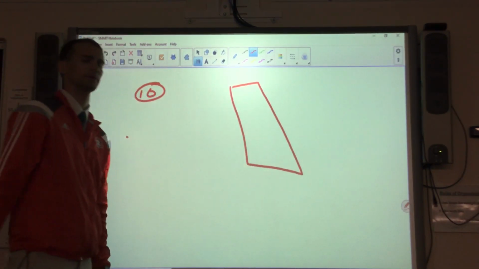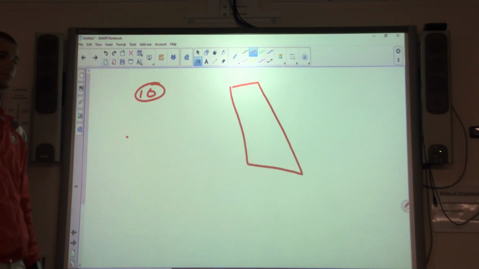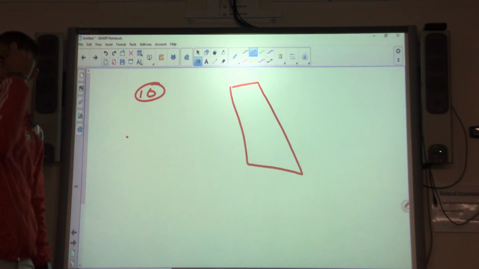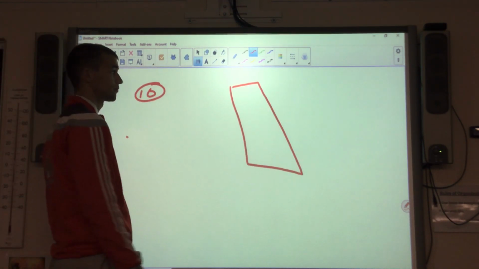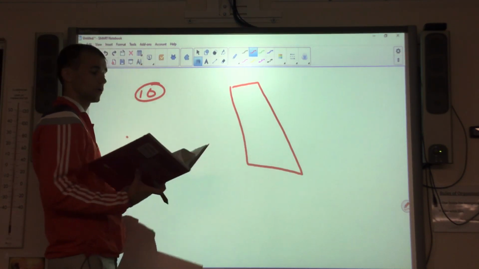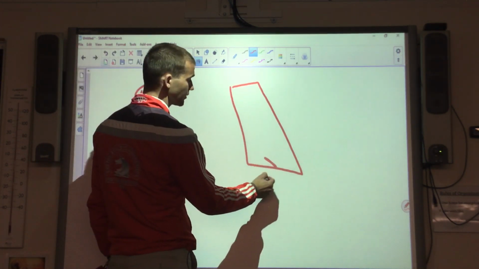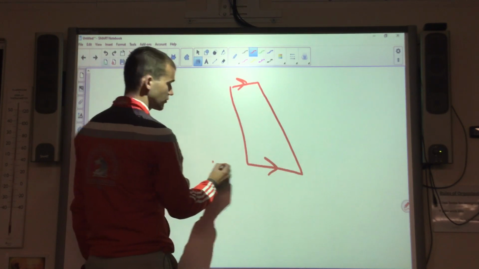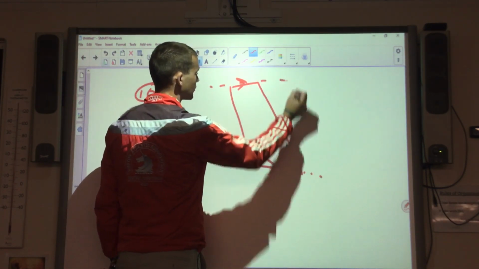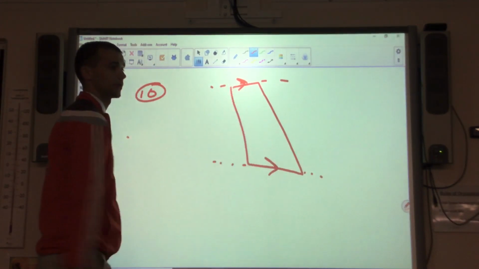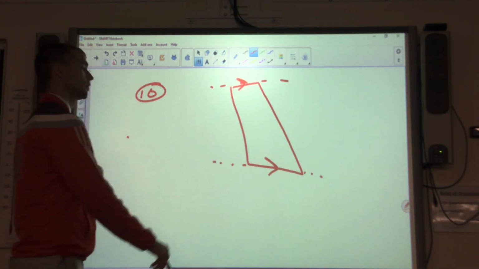Because it looks a little bit like a parallelogram. It's not, but it looks a little bit like one. The big clue is that these ones are on the grid lines, and these ones are not matched up with the grid. You want the ones that are matched up with the grid.